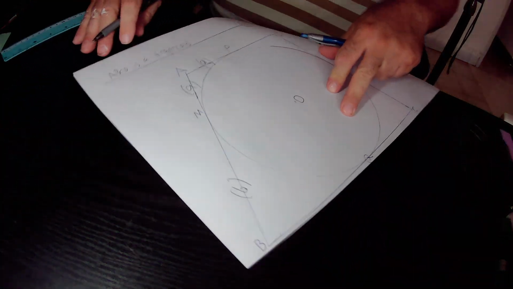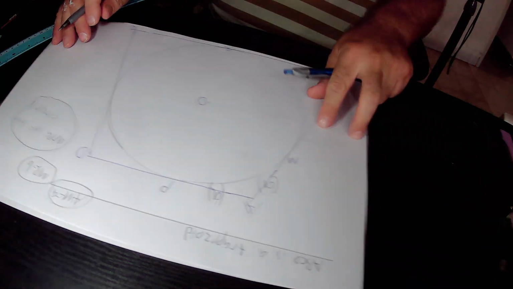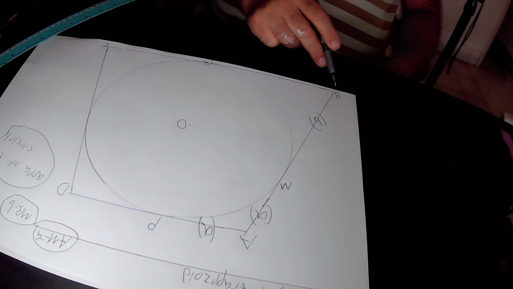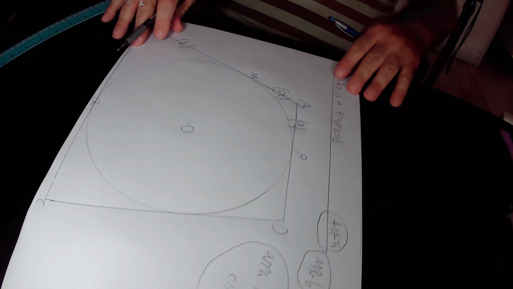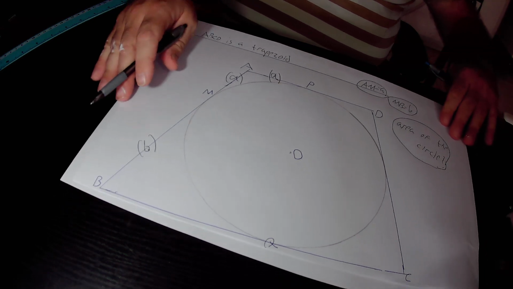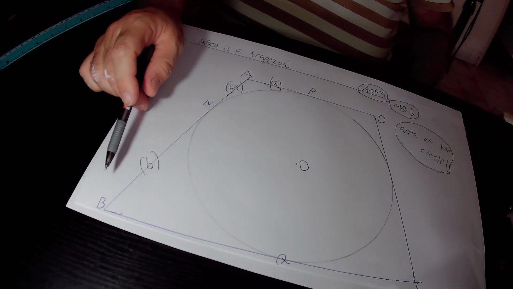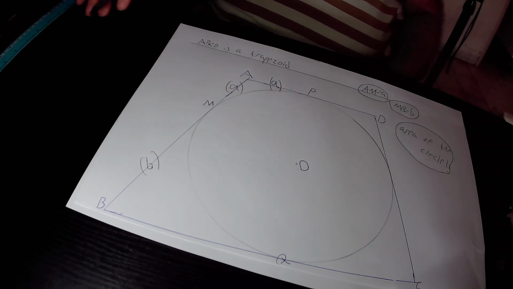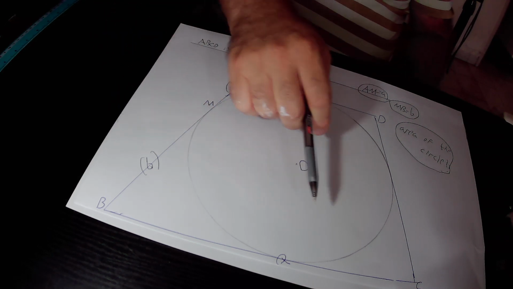Likewise, we focus on this common external point, point B. From this common external point, point B, we have two tangents to this circle, tangent BM and tangent BQ. And according to rule 2, they are equal to each other. That is to say, BM equals BQ.